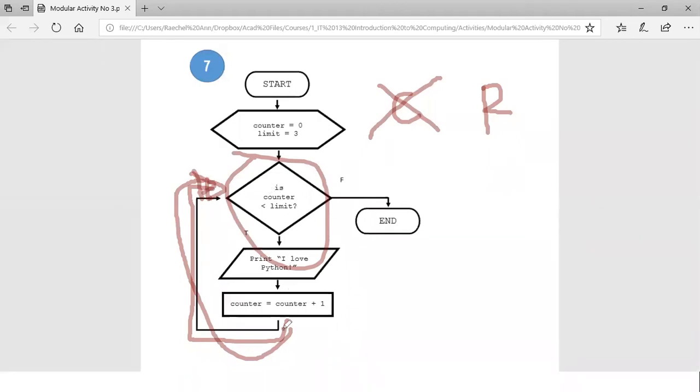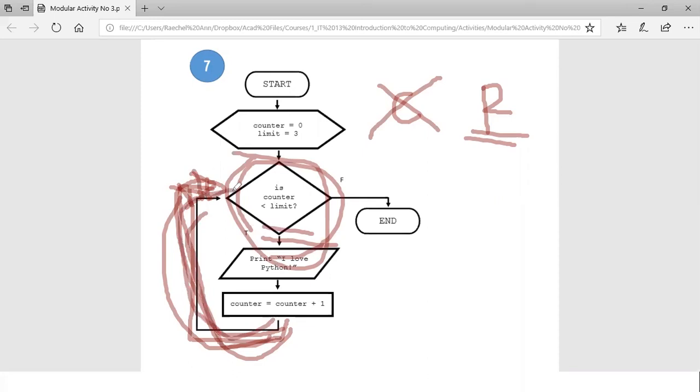Okay? The arrow is going against the flow. Dapat kasi top to bottom, pababa. Pero itong arrow pataas, this indicates na this is a repetitive or looping control structure. Though may diamond siya. Bakit siya may diamond? We need conditions or questions that will limit kung ilang beses tayo maglo-loop or iikot.